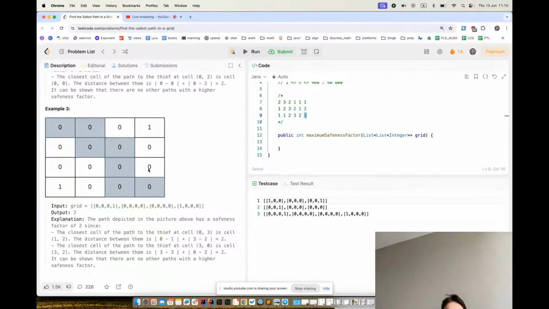This one is 2. 1, 2. 2. Here is 3. 2. Yeah, it's 3, 3. Here is 2. This one is 1. Oh no, this one is 2.